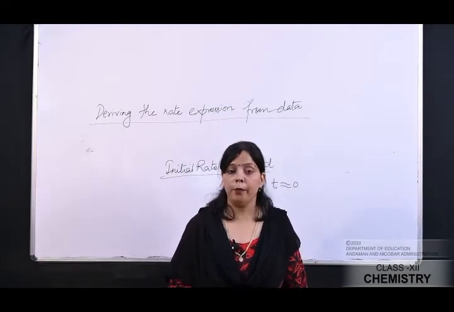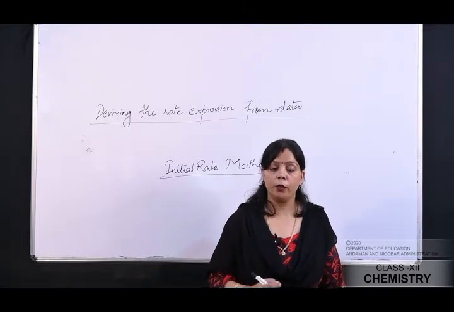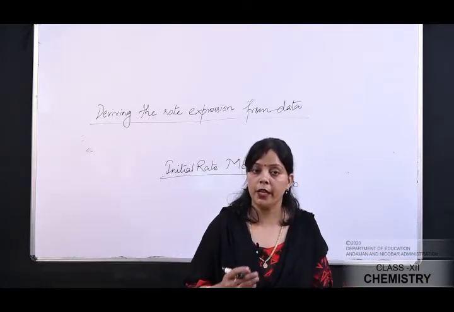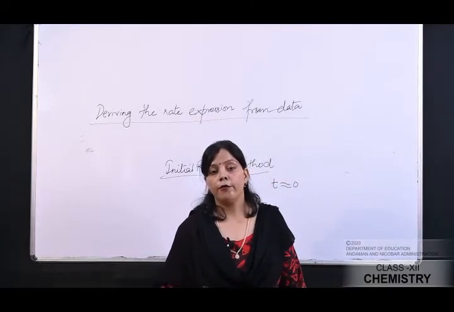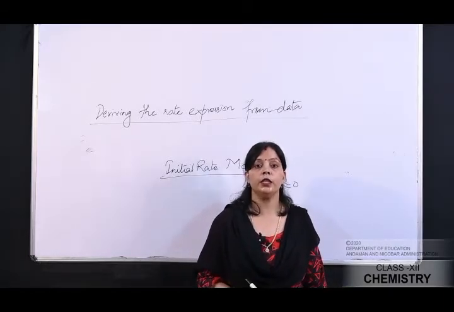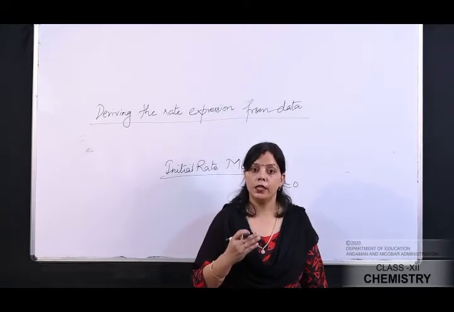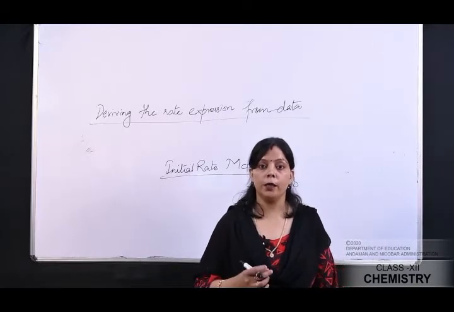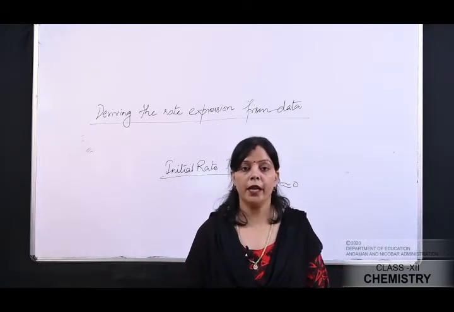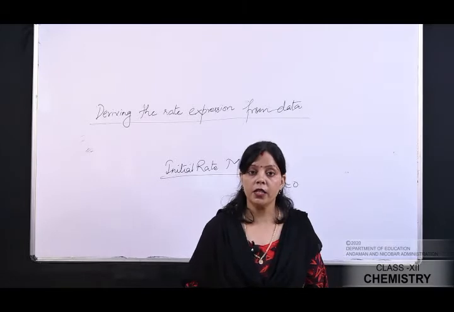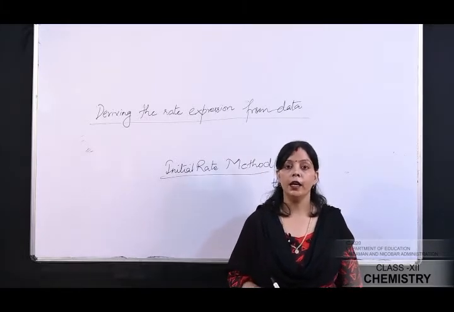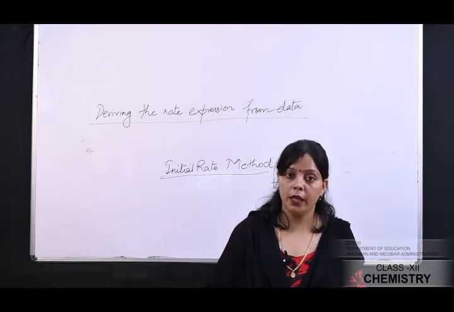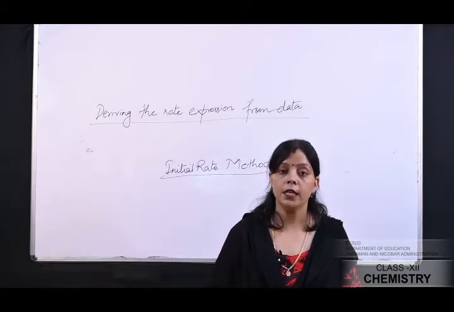In the initial rate method, we first carry out many experiments using different initial concentrations of the reactant, and correspondingly for each initial concentration the initial rate is also determined. The results are then compared to see how the rate of the reaction changes with changing initial concentration of the reactant, and accordingly the dependence of the rate of the reaction on the concentration of the reactant can be predicted.